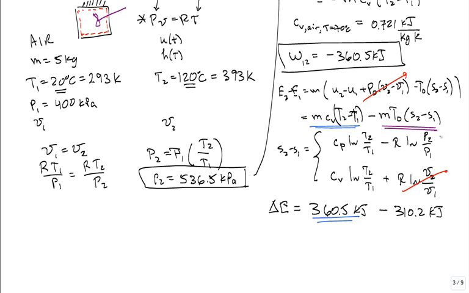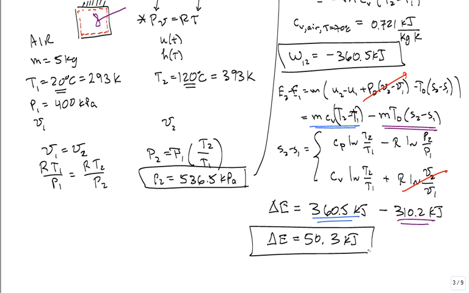This term right here is 310.2, but you subtract it. And so we're left with the answer that the change in the exergy of the air is equal to 50.3 kilojoules. All doable?